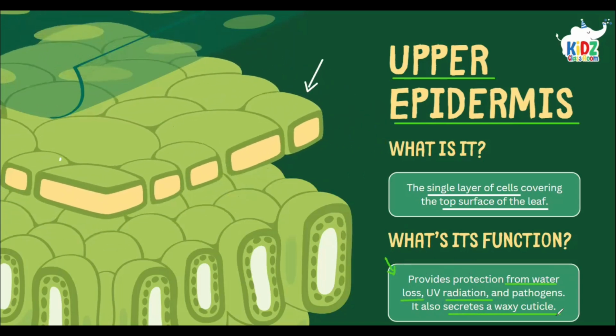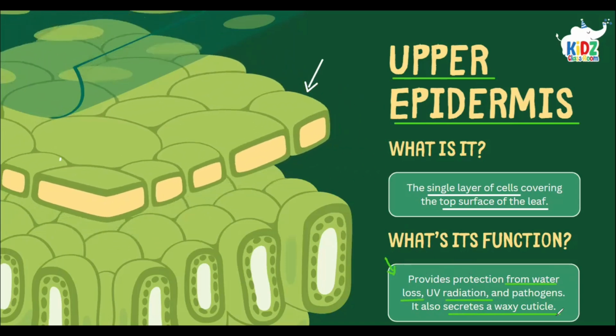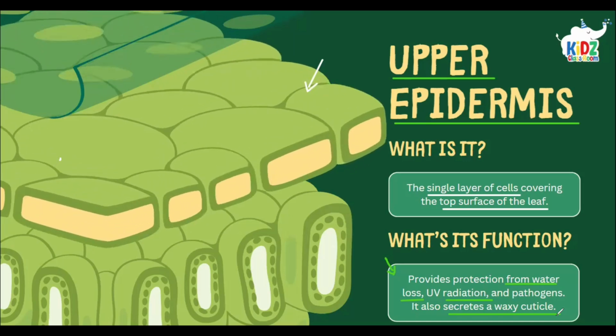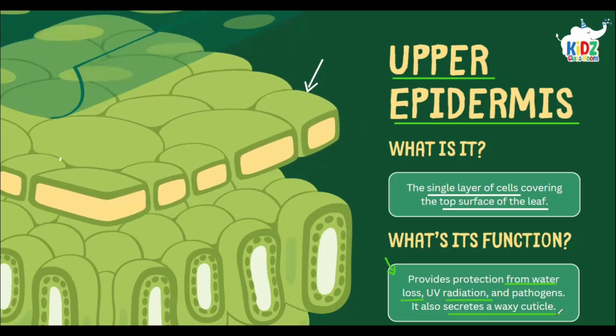So what is the upper epidermis? Let's repeat. It is the single layer of cells which covers the surface of the leaf, and it is transparent.